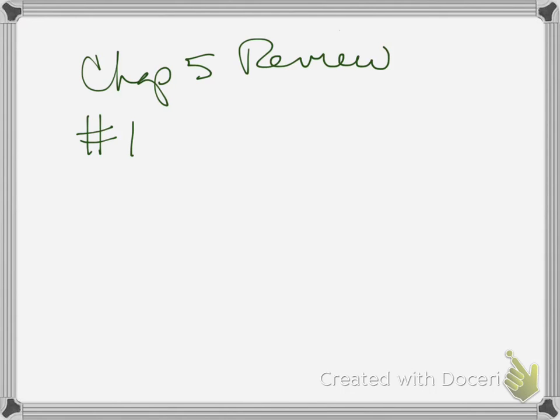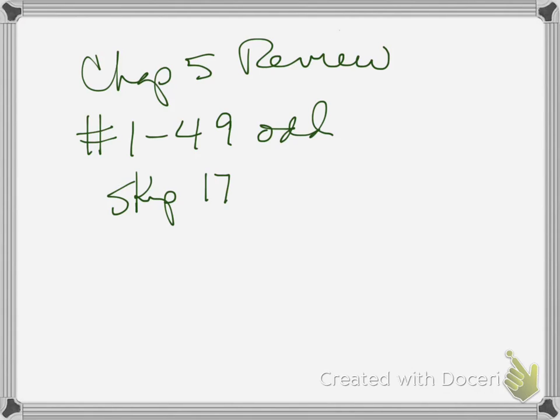I'm saying do 1 to 49 odd, but skip 17 C and D, skip 19, and skip 37, and see how you do. You can check your answers in the back as you go.